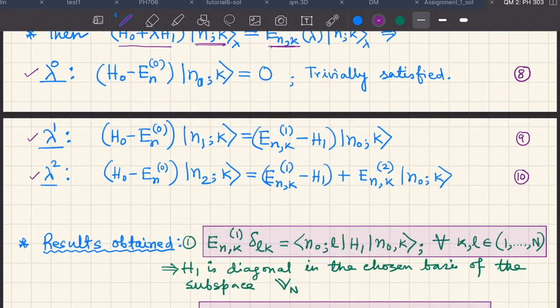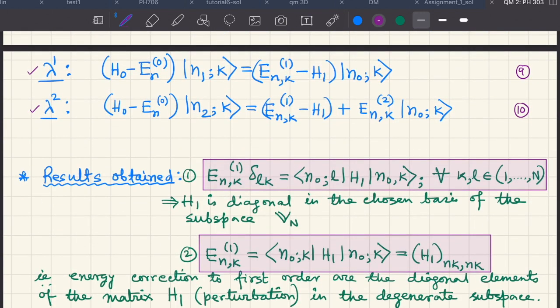Now we will discuss, as I said, a solution to first order for the case in which the degeneracy in the degenerate subspace Vn is completely lifted off or completely broken in the first order itself in perturbation theory. That is, the first order correction to the energies split these n states which are having the same energy values completely.